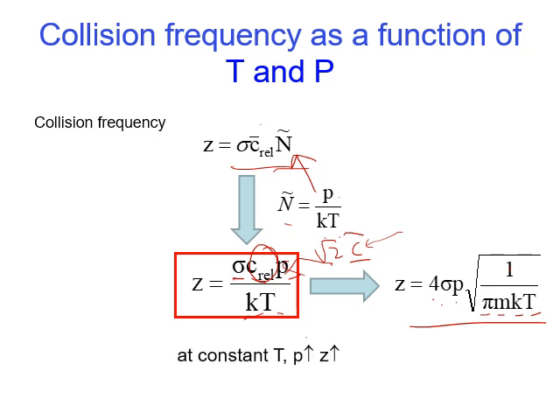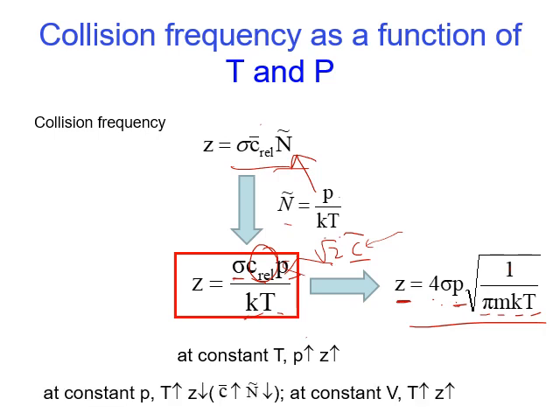At a constant temperature, increased pressure increases Z. And if pressure is constant, then increased temperature decreases Z. So that's a useful equation to calculate the collision frequency.